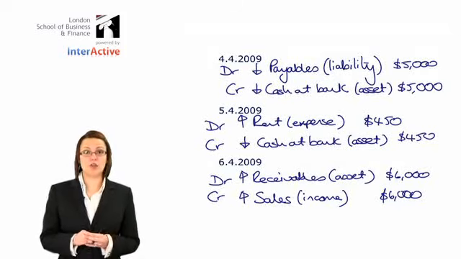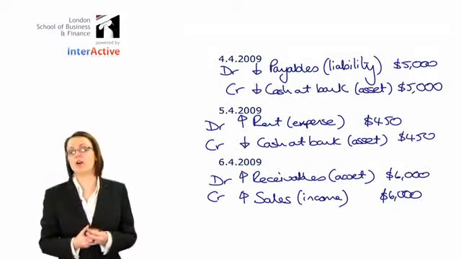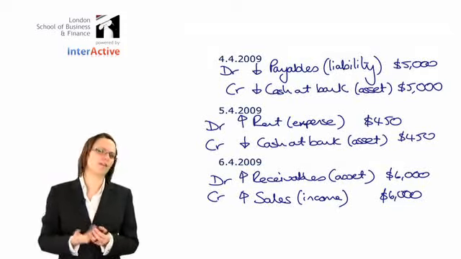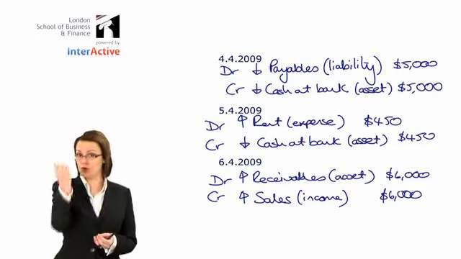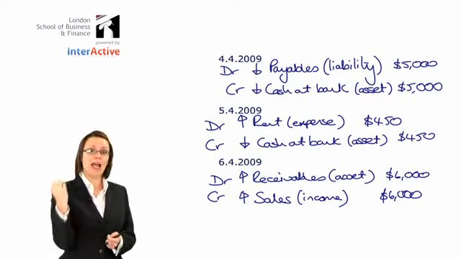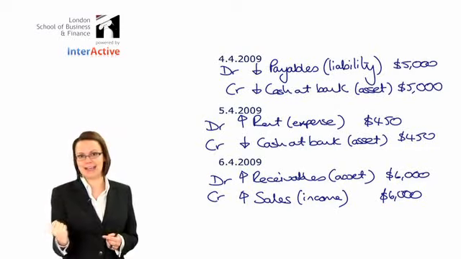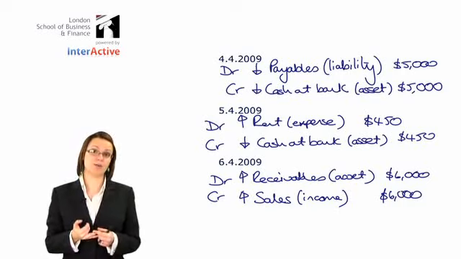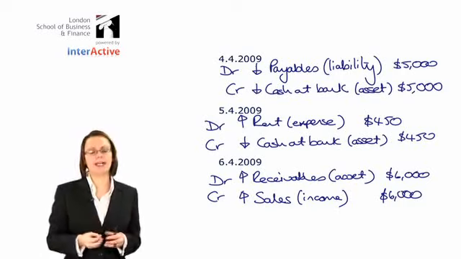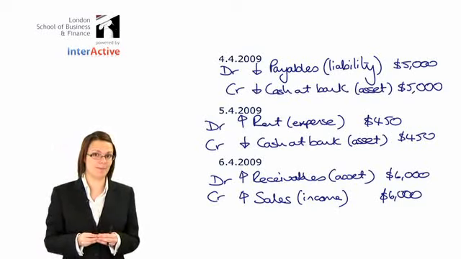Our 4th journal transaction. Well, with this one, we said that we were paying off our liability, paying our supplier and paying off that payable. We said we were going to debit payables and reduce down that liability, and then credit cash at bank to reduce down our asset. Well, we already have a cash at bank account and a payables account, so no new accounts need to be opened up in order to post this transaction.